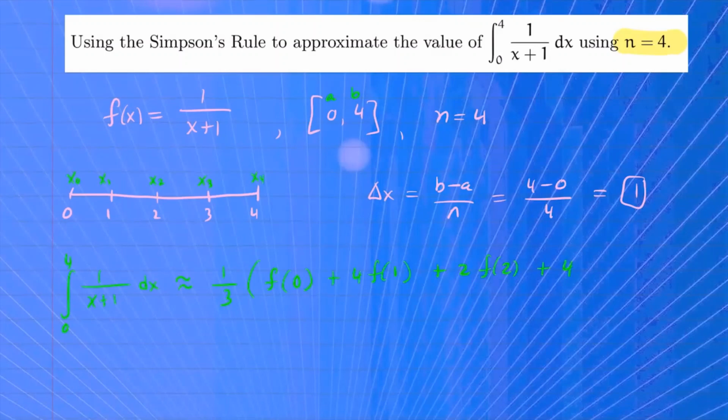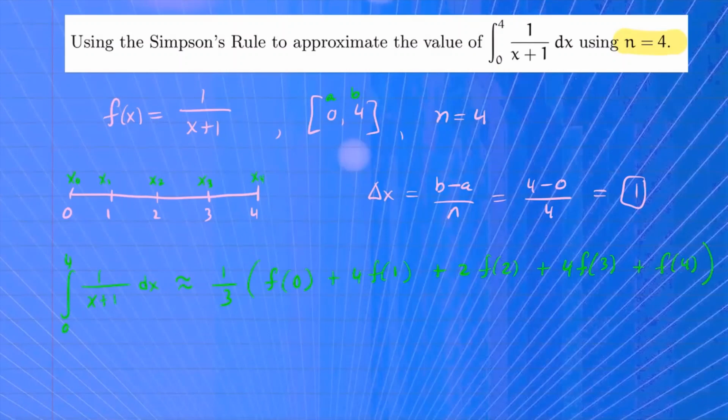So you're alternating 4, 2, 4, 2, and so on until the last one, which has no value in front other than 1. So it'll be 4 times f of x3, that would be f of 3. And the last one is x4, so that would be plus f evaluated at 4.